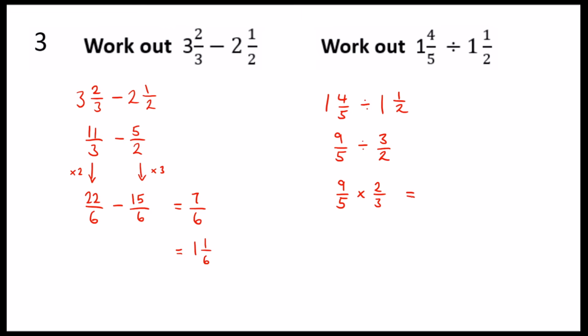And when we're timesing two fractions together, we simply times the top two numbers, which gives us 18, and times the bottom two numbers, which gives us 15. So 18/15 is my answer. Now, unlike the previous one, a factor of 3 can be divided both out of the top and the bottom, so I can simplify this to 6/5, and that is the same as 1 and 1/5.